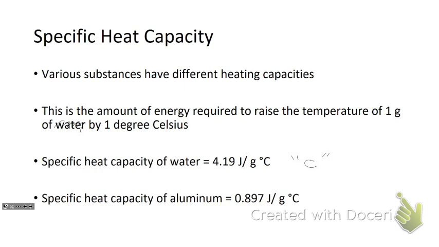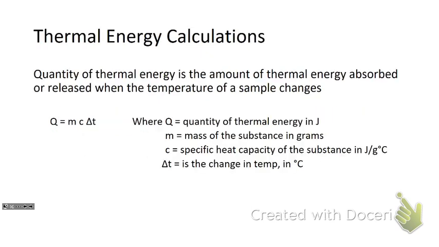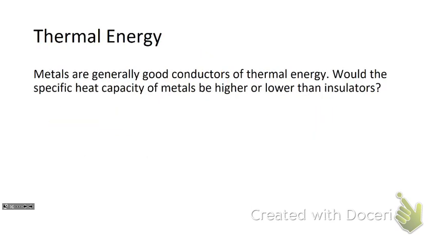This is good, okay? So I have a question for you guys. Oh, maybe not yet. So metals are generally good conductors of thermal energy. Remember, the C of aluminum was lower than the C of water, right? So we have conductors and we have insulators.